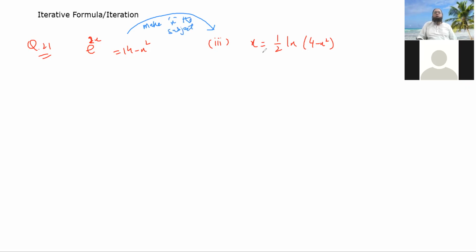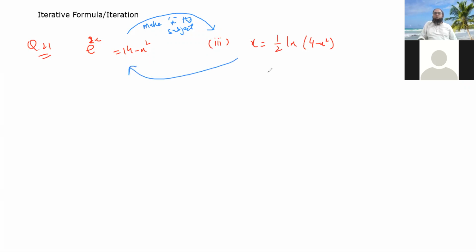Different people can make x the subject in different ways. We have to show that both of these two equations are the same. When it says show that the root also satisfies this equation, it means the equations have to be the same. So you just manipulate this algebraically.